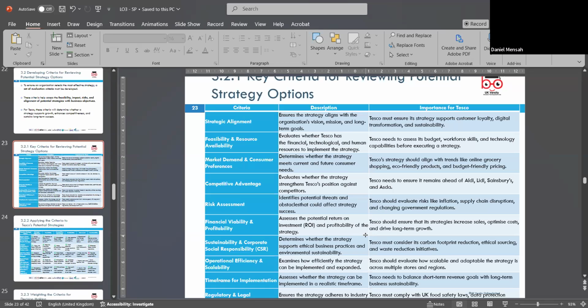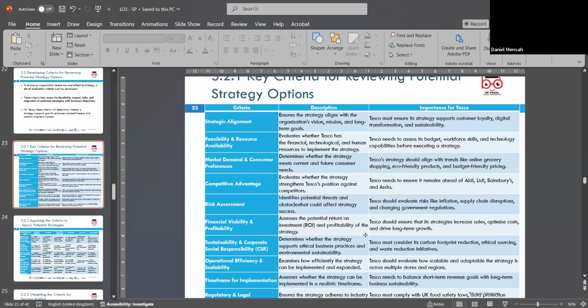And then sustainability and corporate social responsibility: you can include this element as a criterion, which helps to ensure that your strategy is aligned with sustainability practices or not, because it is a growing concern nowadays and may be becoming mandatory, by organizations and by governments.